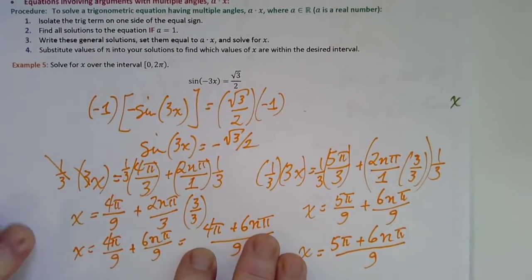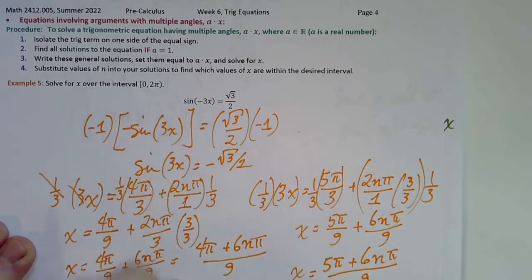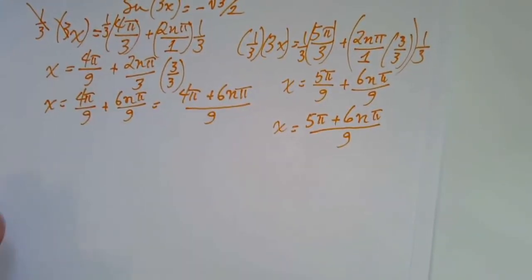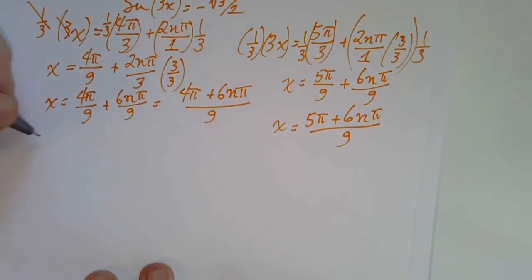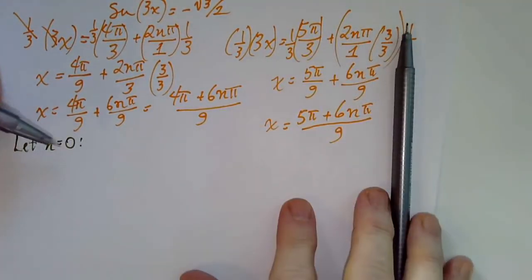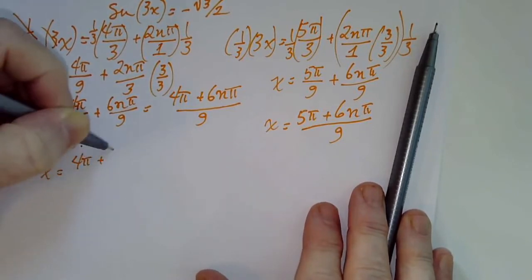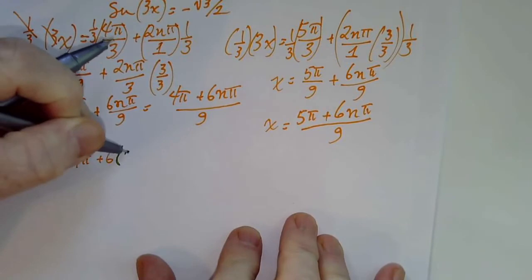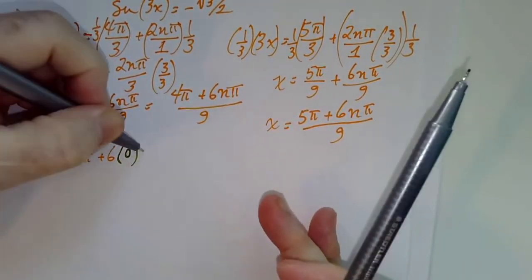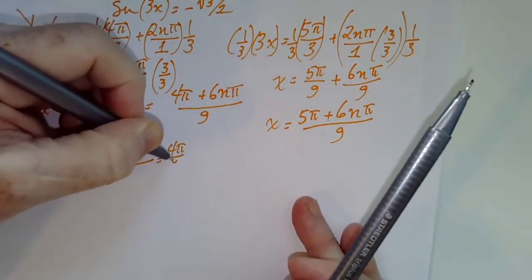But I want to list the solutions that are between 0 and 2 pi. So let's do that. First, we're going to let n equal 0. So the equation is going to be x equals 4 pi plus 6 times 0 times pi over 9, and that's 4 pi over 9.